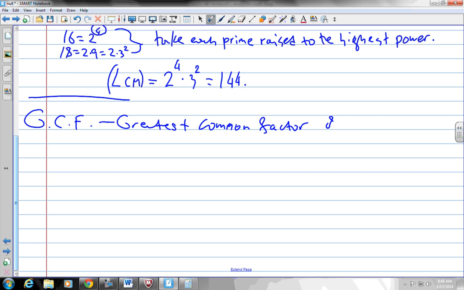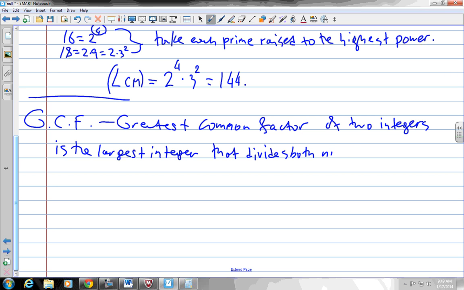The greatest common factor of two integers is the largest integer that divides both numbers. So the least common multiple is the smallest that's divisible by both. The greatest common factor is the largest that goes into both.